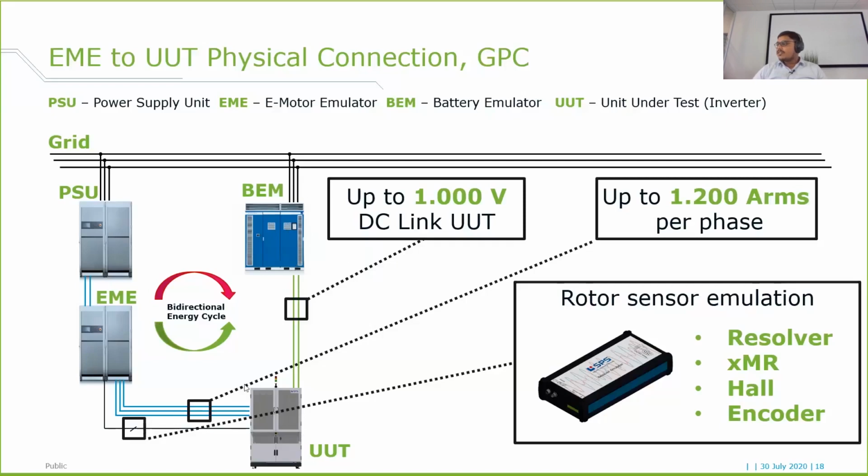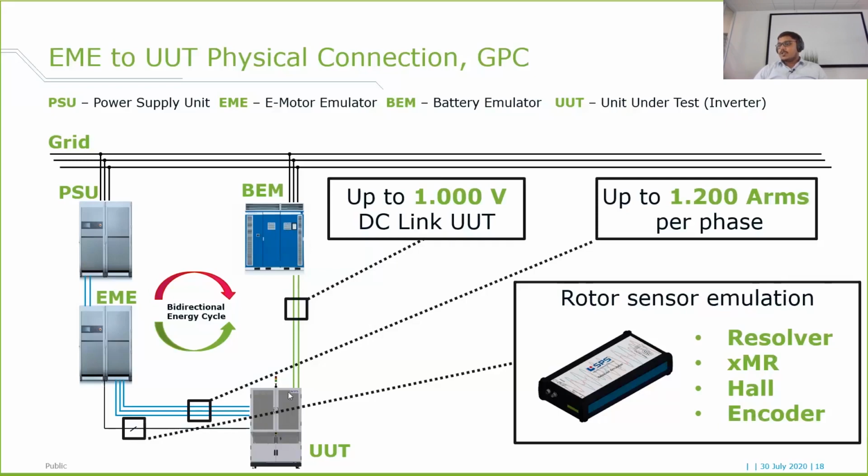All we need are rotor sensor emulators. We provide resolver, XMR, Hall, or encoder sensor emulators, which are directly integrated in the emulator itself, which provides the rotor position signals to the inverter, and a three-phase connection.